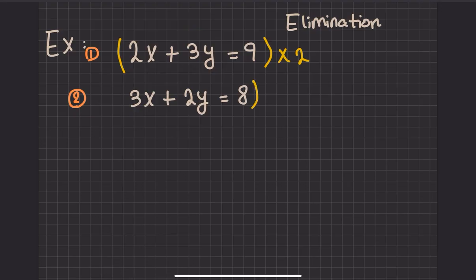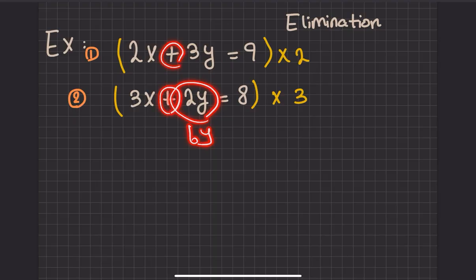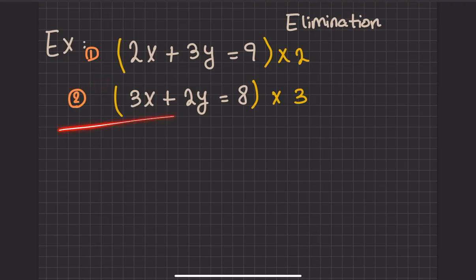And for the next equation, I have to multiply by 3 because I'm going to end up with 6 here. You see what I do? I make this one 6y, and here I'm going to make this one 6y. Both of them are positive, so I can use subtraction in order to get rid of y and solve for x. This is what I did.